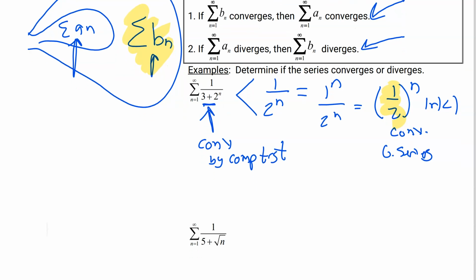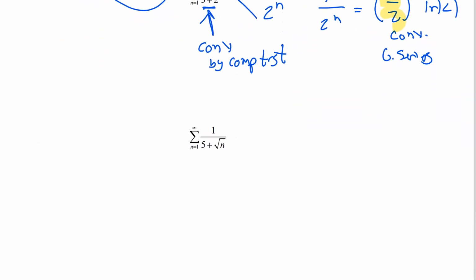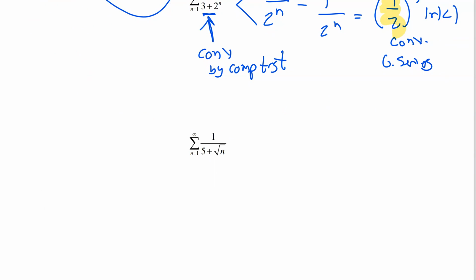Now, let's look at the one right below this. I'm going to compare this to 1 over n to the 1/2 power, right? Now, the left-hand side denominator is larger because we're adding 5 to that. Therefore, the piece on the right is the larger piece, right? Well, let's think about it.